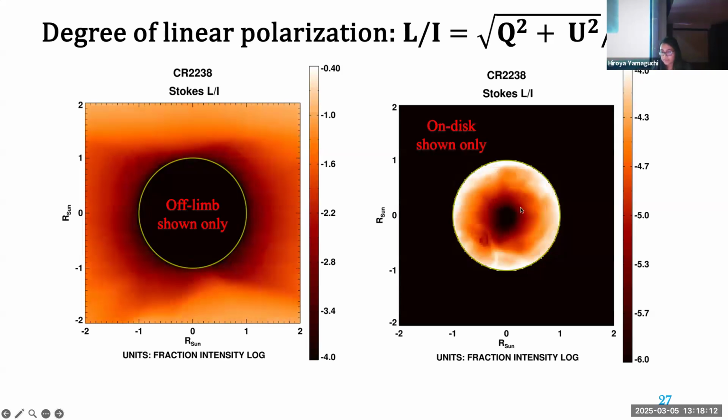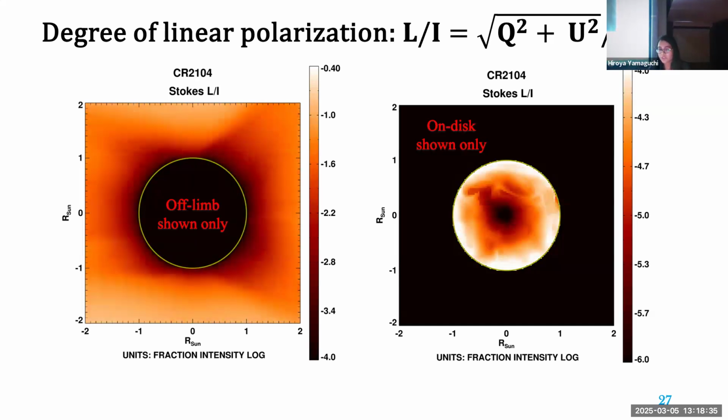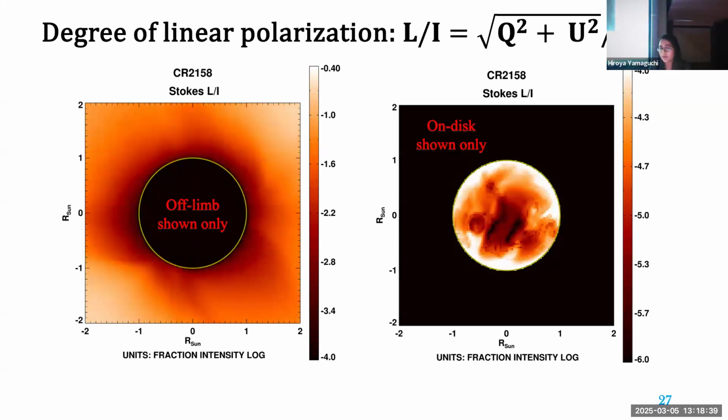However, at the center, as we reach the maximum phase where we see more complex magnetic field structures, we can see that the minimum at the disk center is getting shifted, or it's no longer a minimum, but there is positive polarization. That's because of the inclined magnetic fields or more complex magnetic field structures, because of which this symmetry is getting broken.